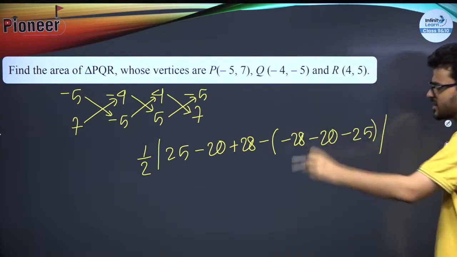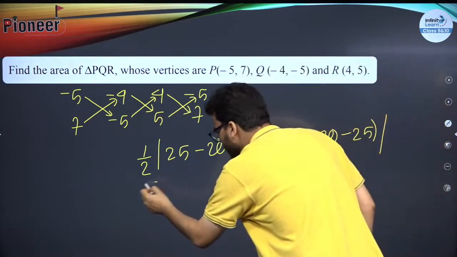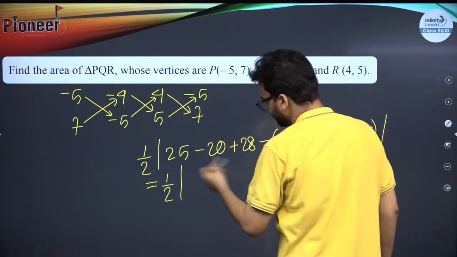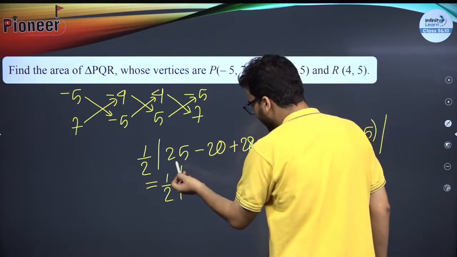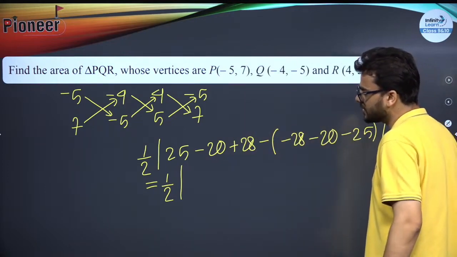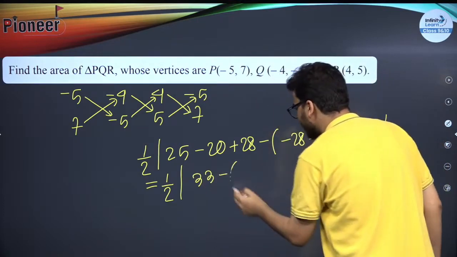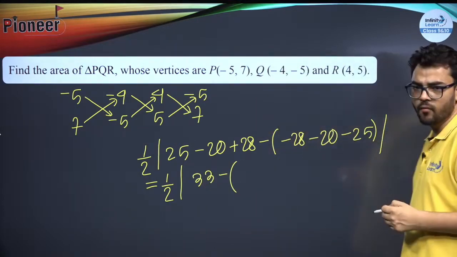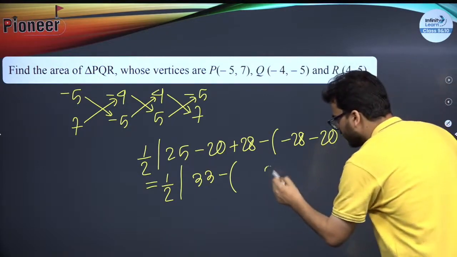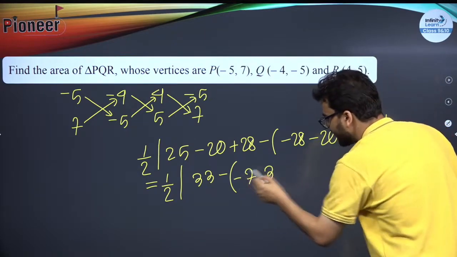So this is the area of this triangle. You have to obviously simplify this so as to get the answer. So that is half into, you see, 53 minus 20, so that is equal to 33, right? And minus, inside the bracket if you simplify, what you are going to get is minus 73, right?